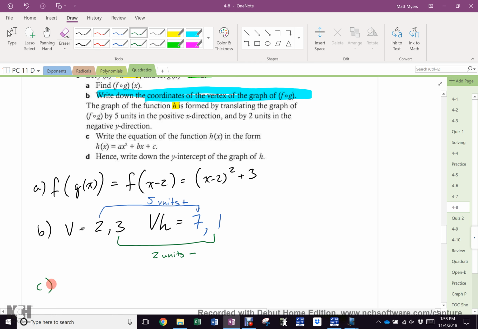So now I have a new vertex, yes? What form can I write right now? Vertex form, which is y equals what? Do I want that form? What do I want? Standard form. So what do I have to do? Jacob, this is your bread and butter, man. Expand! So what is it?